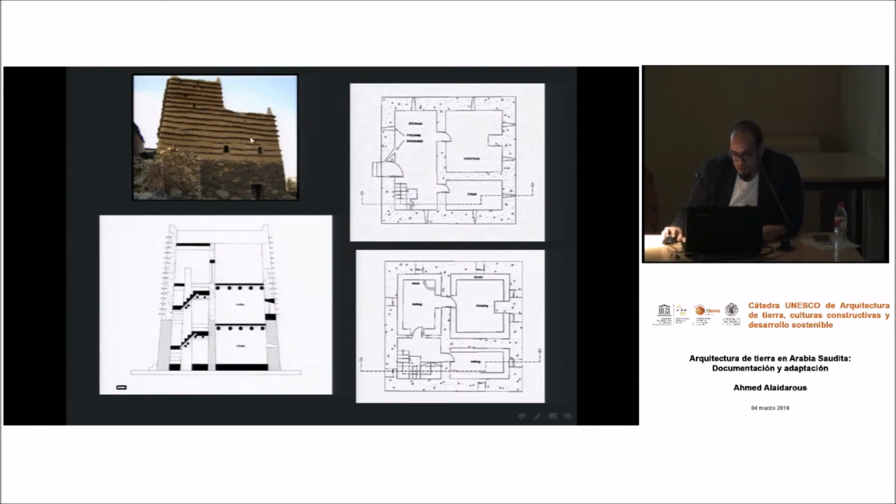This style of earth architecture is used in the mountain zones. At the ground level they use stones, and on the first and second levels, cob material, and they put a stone slab every 40 centimeters. So this is a creative idea to protect the building against water because of the rainy areas.